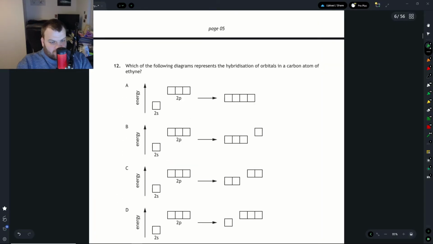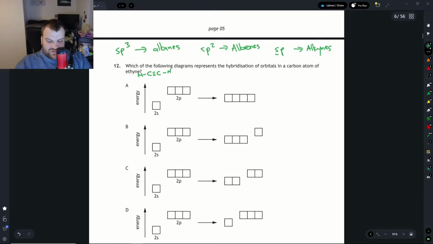Moving on, we have ethyne. That has got a triple bond between carbons. If it was sp3 hybridization, that's what we find in alkanes. sp2 we find in the double bonds of the alkenes, and we are dealing with sp for our alkynes.